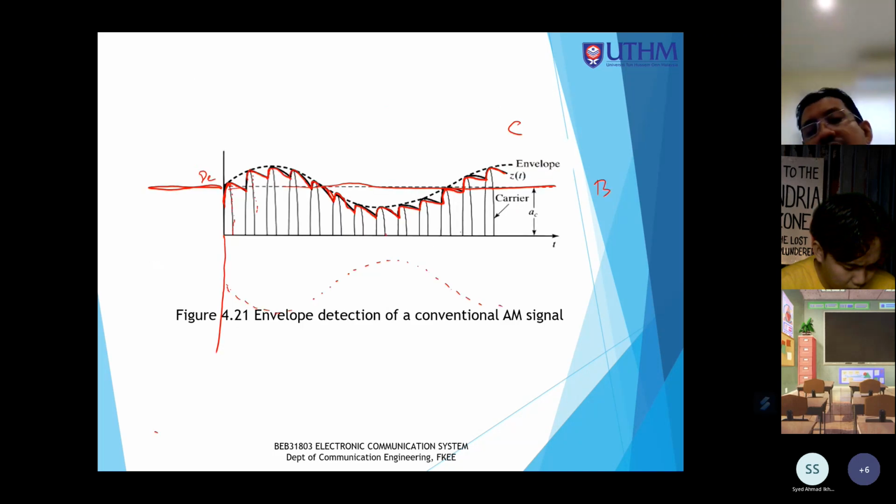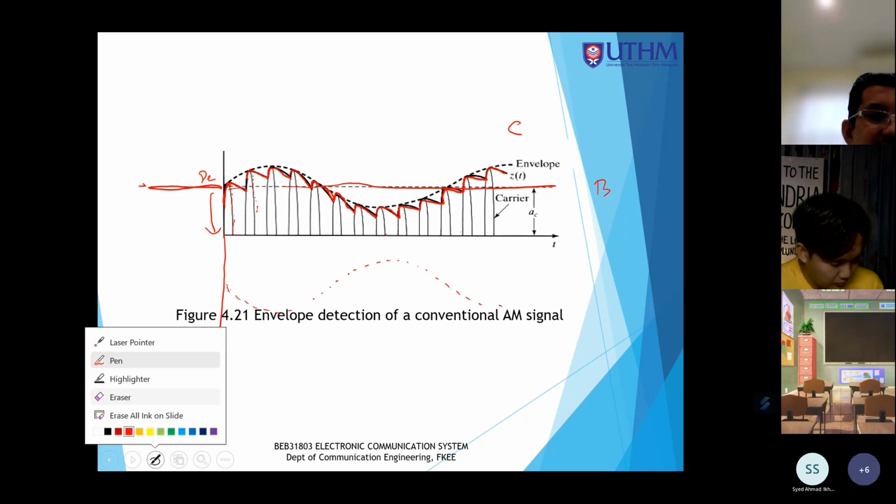Kalau kita buang DC voltage ini, bermakna kita akan nampak sine wave ini dia akan jatuh pada paksi X. Seolah-olah nanti paksi X akan turun, dia akan turun ke bawah kepada paksi X. So it will be centered at X axis.